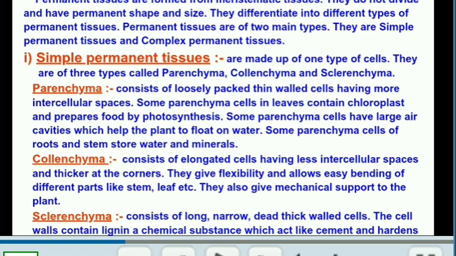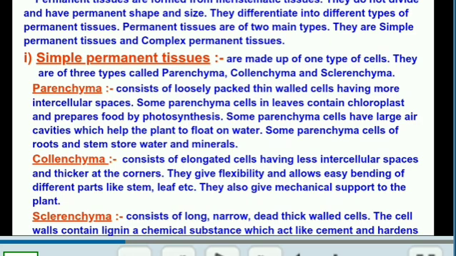What do we call the process when they prepare food? It is called photosynthesis. Some parenchyma cells have large air cavities, so they can easily float on water. Therefore such parenchyma tissues are called aerenchyma. They are also a type of parenchyma.